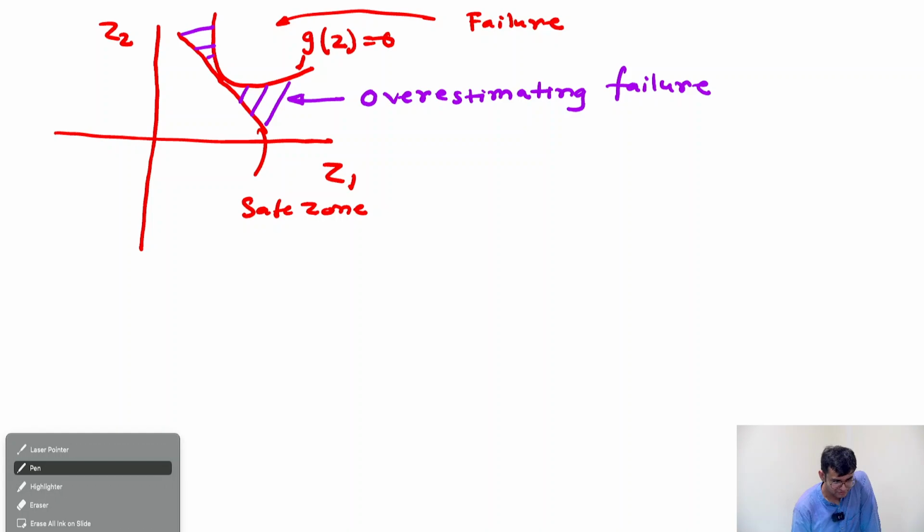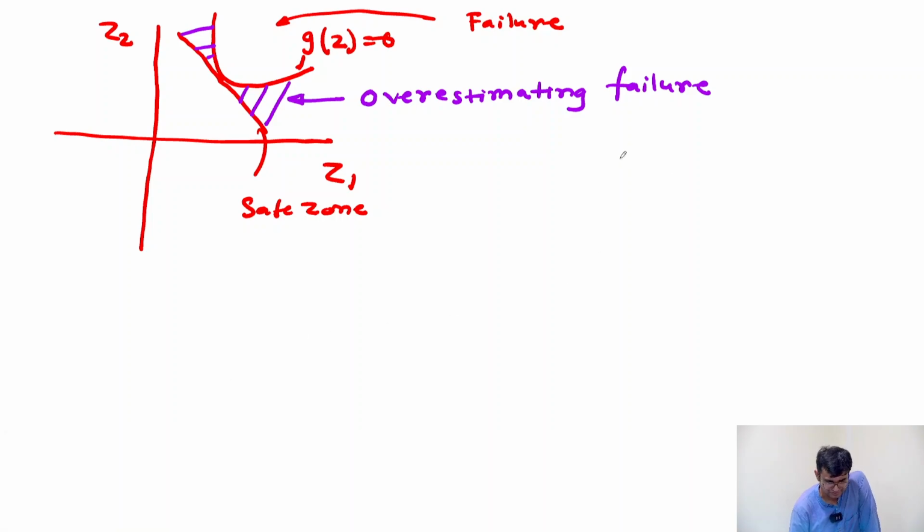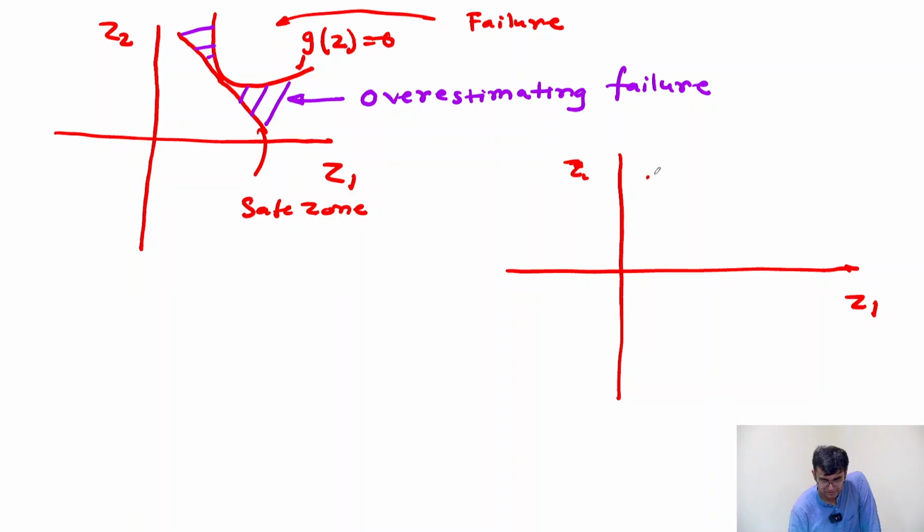So suppose my limit state function now, again z1 and z2, and now my limit state function is something like this. Also possible, okay? And let's say, from the diagram it might seem this is the nearest point, but let's say this is my nearest point.